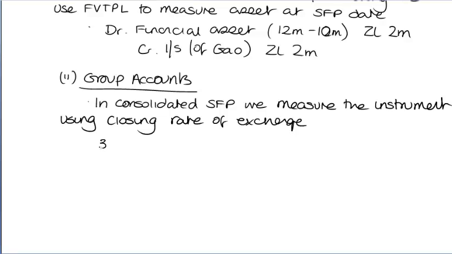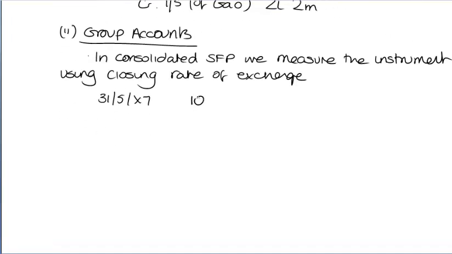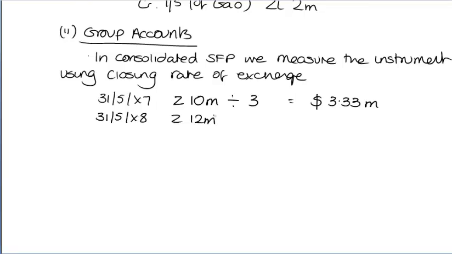So at the 31st of May X7, what we would have said is it's valued at 10 million zlotys, and there are 3 zlotys to the dollar. So it's $3.33 million.